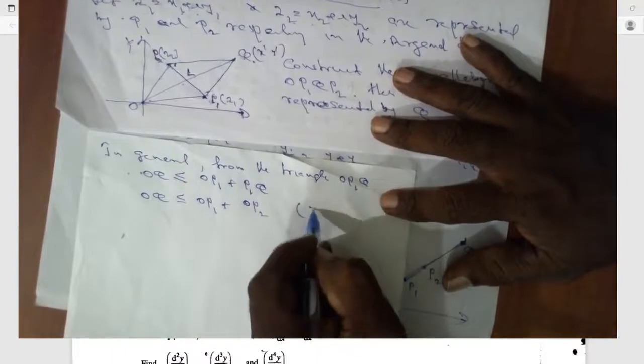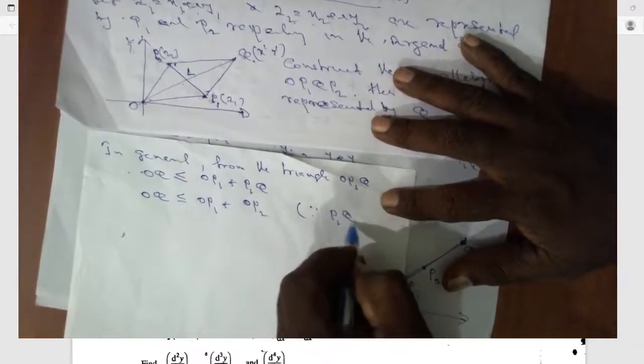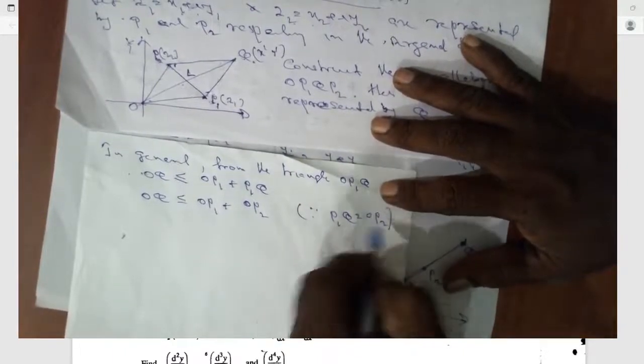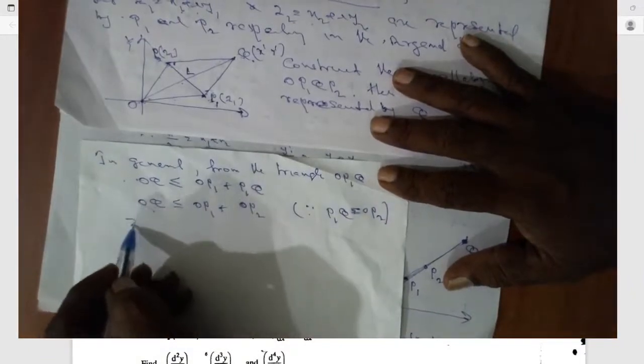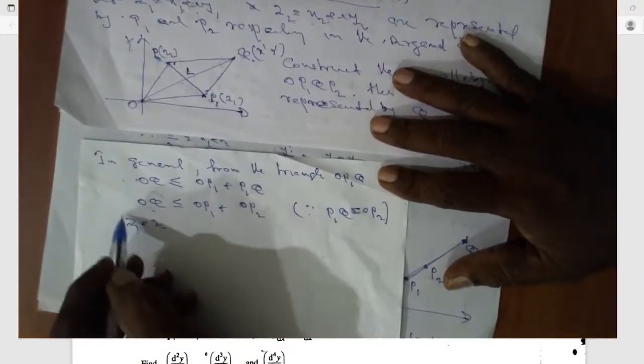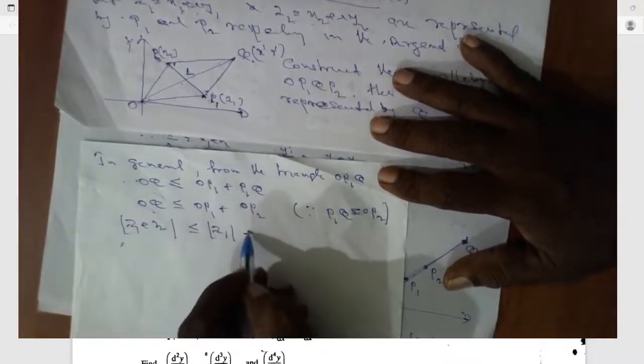Why? Since P1Q equals OP2, these two sides are equal and parallel, since this is a parallelogram. Opposite sides are equal in length. This is modulus C1 plus modulus C2.